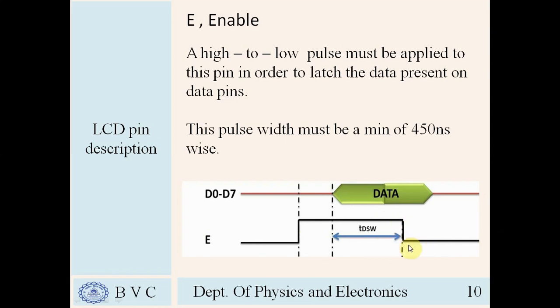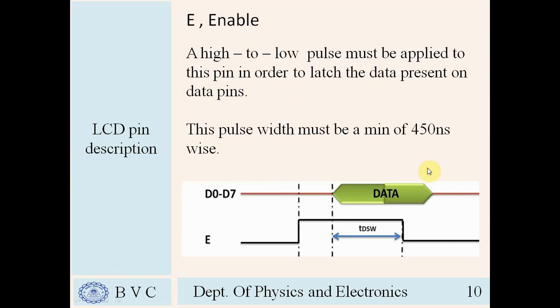You can see on the screen that E means the enable pin. Here it is low, then a low to high transition, and then a high to low transition. This pulse width should be 450 nanoseconds.